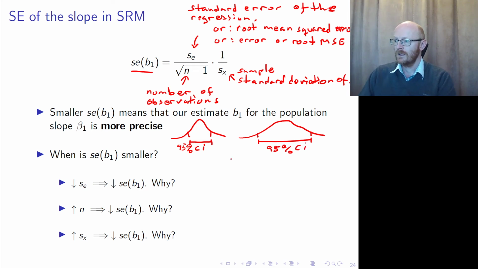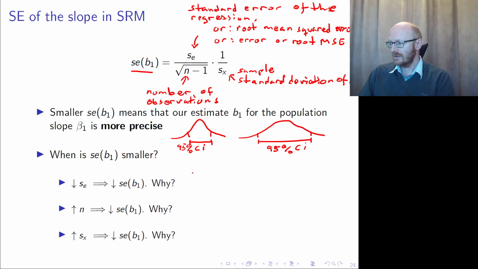Okay, so when is the standard error smaller? Well, the standard error of the slope becomes smaller if the standard error of the regression is smaller.